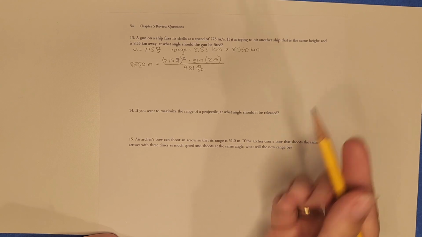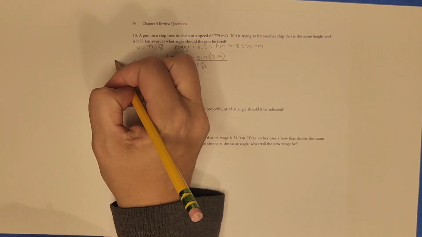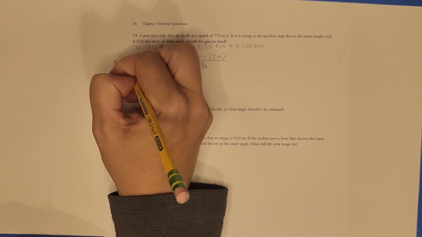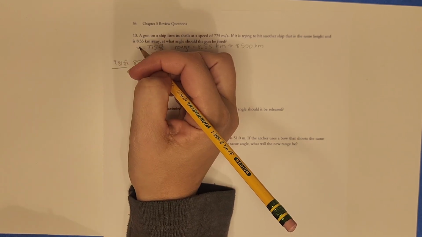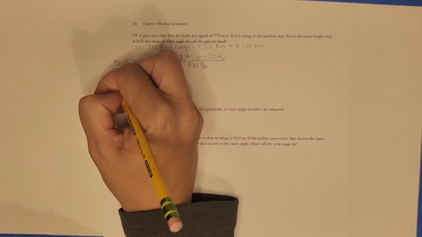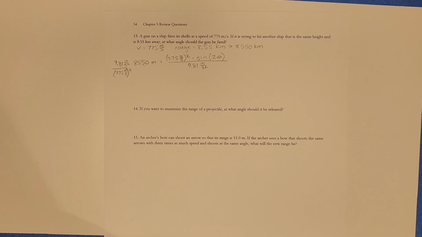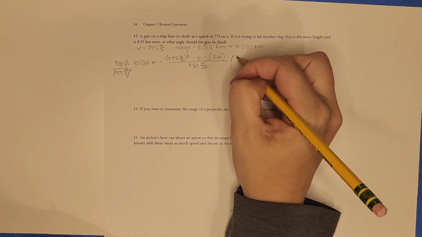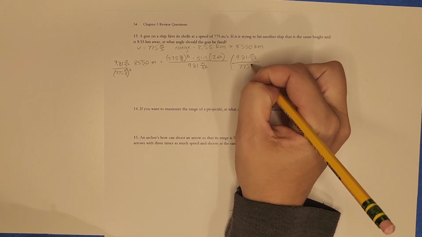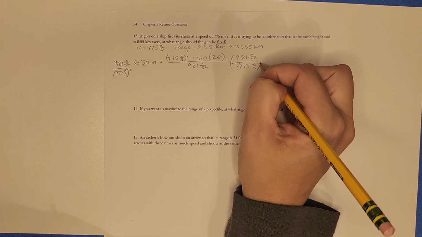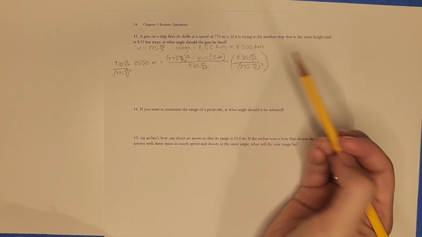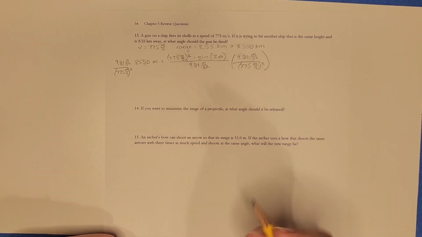And so we will multiply both sides by 9.81 meters per second squared divided by 775 meters per second, and all of that squared. Okay, so we're going to have all this canceled out except for the sine of 2 times the angle.